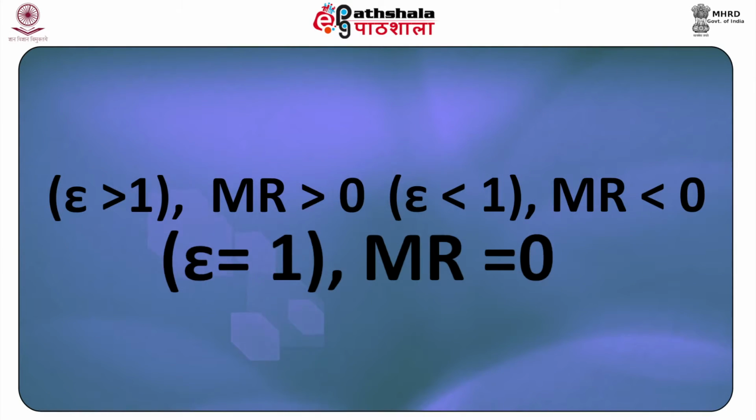When demand is inelastic, epsilon is less than 1, marginal revenue is less than 0 because TR falls as Q rises and P falls. And when demand is unitary elastic, that is equal to 1, MR is 0 because total revenue does not change as Q rises and P falls.